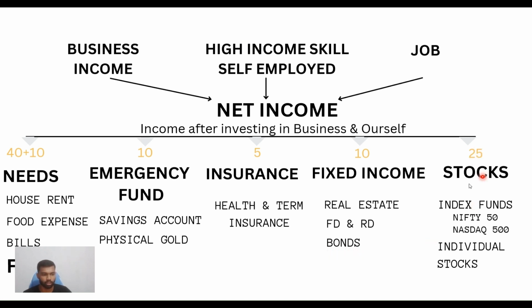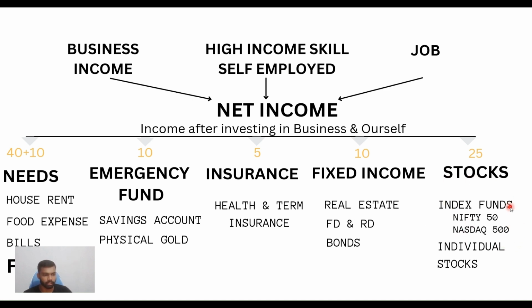And next, 25 percent we should invest in stocks. I always recommend 10 percent be must-have index funds, and 15 percent for individual stocks. If we fail in investing in individual stocks, like picking the wrong stock, an index fund will help us in the long run.